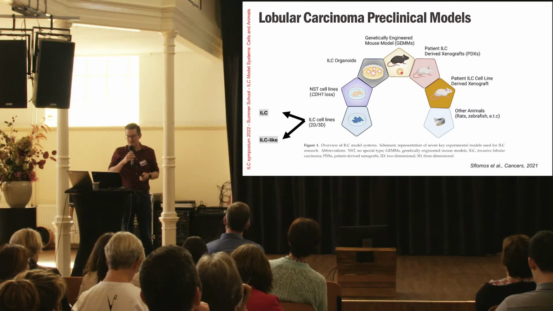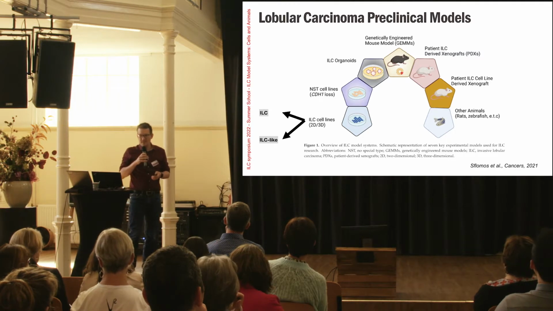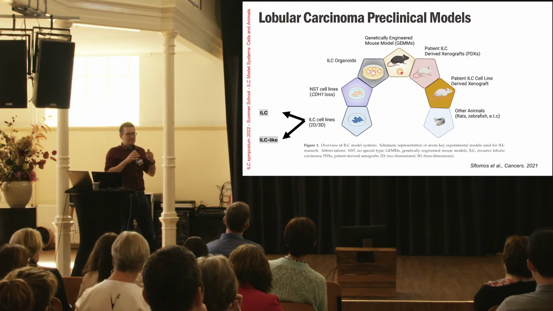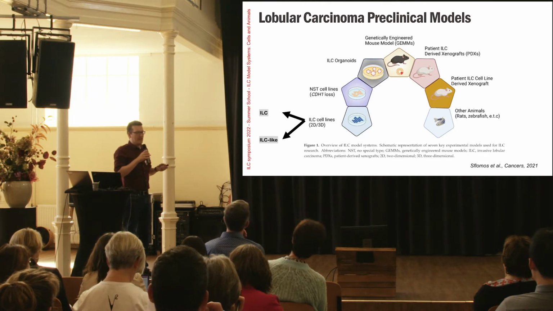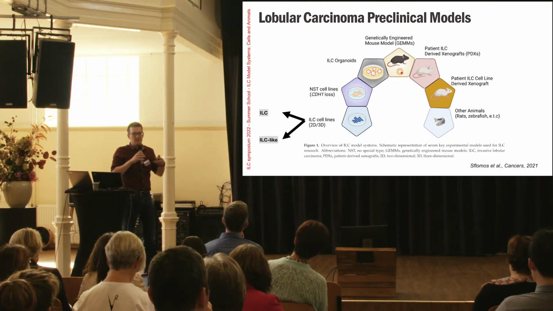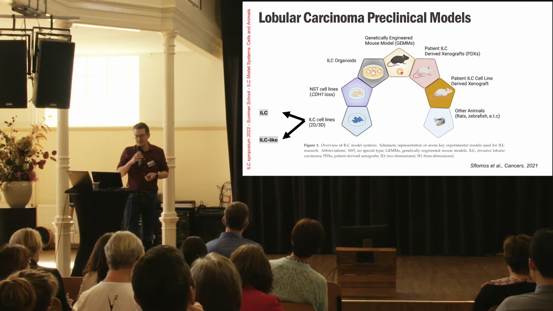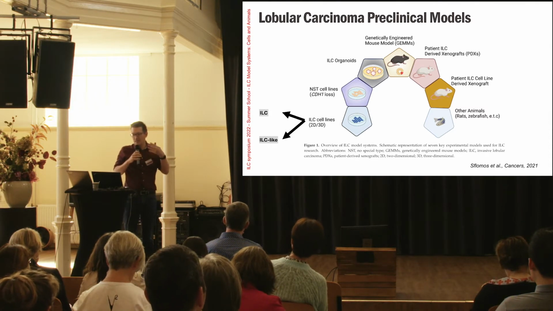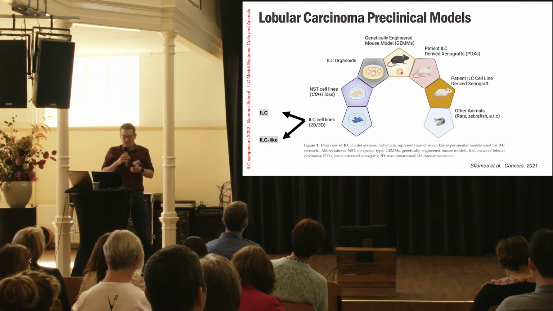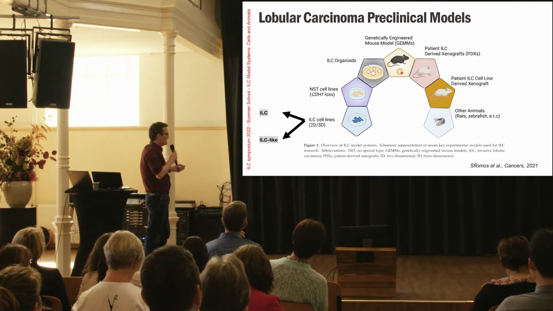In the lab, we can also generate cell lines derived from classical traditional NST models, but we can manipulate the genome and have cell lines that do not express CDH1, which is the E-cadherin molecule. Then we have the ILC organoids derived from patient material.